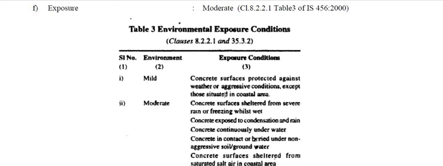Concrete surfaces sheltered from severe rain and freezing, and wet concrete exposed to condensation and rain, are taken as moderate condition. The environmental conditions vary from mild to extreme, so I have taken the moderate condition of exposure, and for that I have to design a concrete mix.